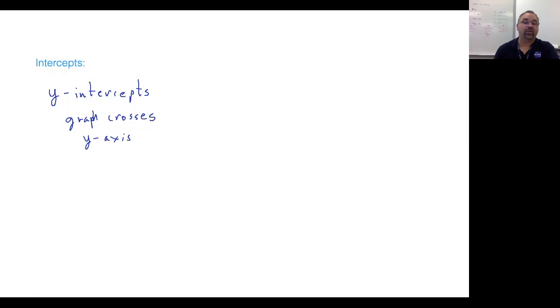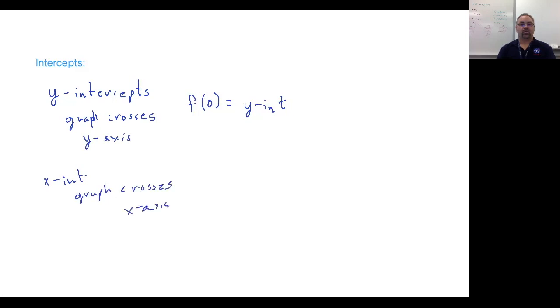Graph crosses the y-axis, and it's good to remember that this is always f of 0. That'll equal the y-intercept. So you can plug in 0 into your function and get your y-intercept. X-intercepts, on the other hand, is where the graph crosses the x-axis. These ones are a little bit tougher to find because this is when you're looking for where f of x equals 0.